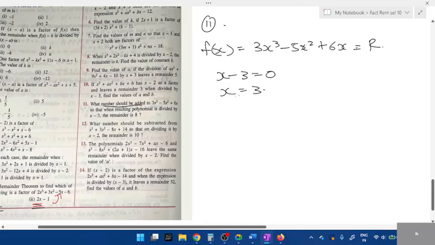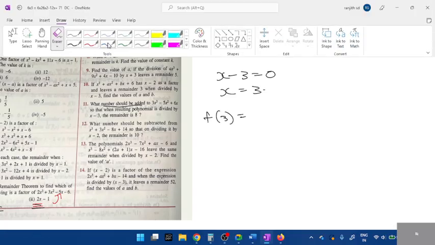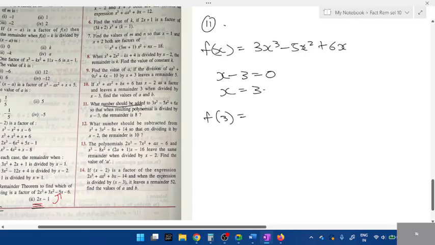8. So let me substitute f of 3 is equal to... What number should be added?